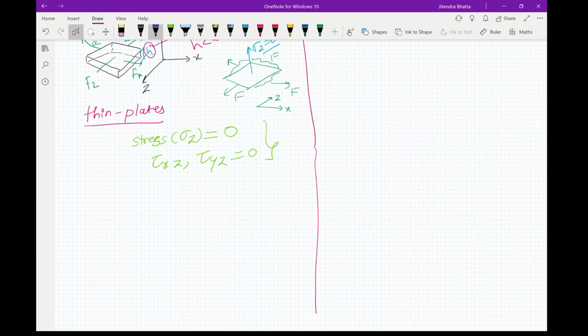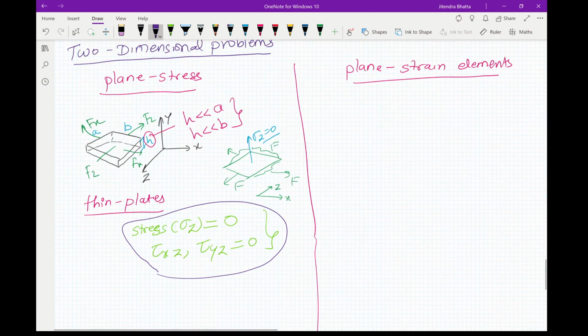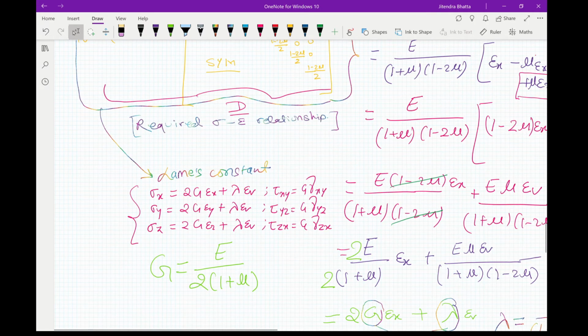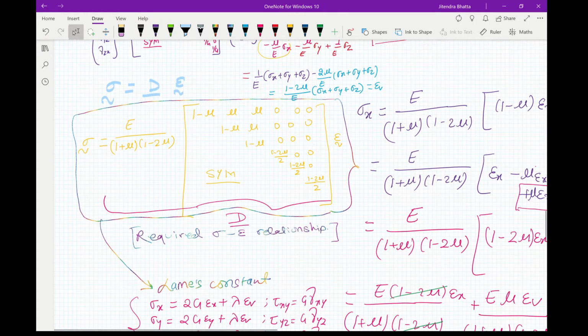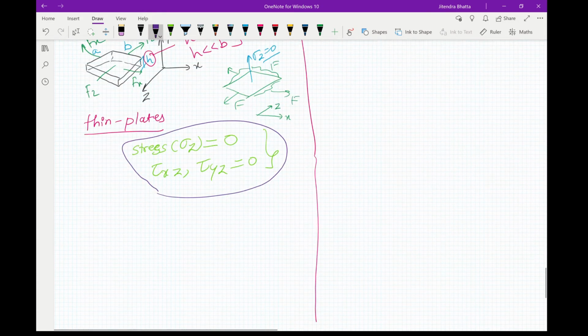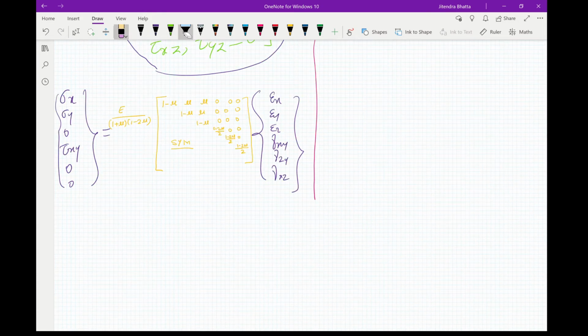Now if you substitute these values in our constitutive relation, which is this one here, we will obtain this, so this will be our D matrix.